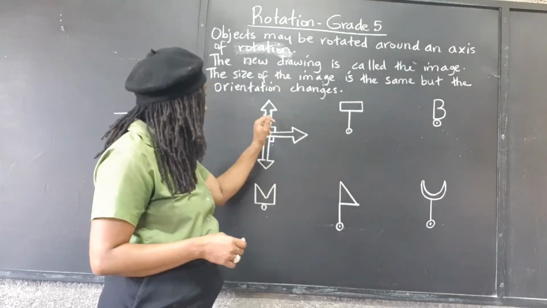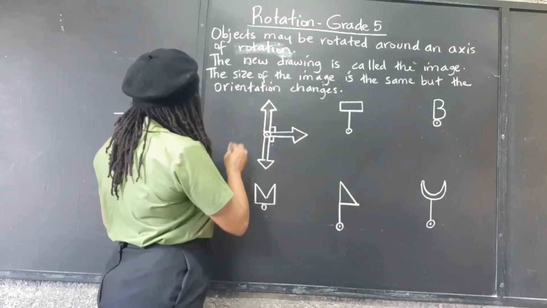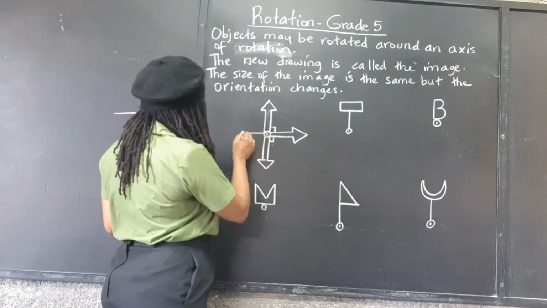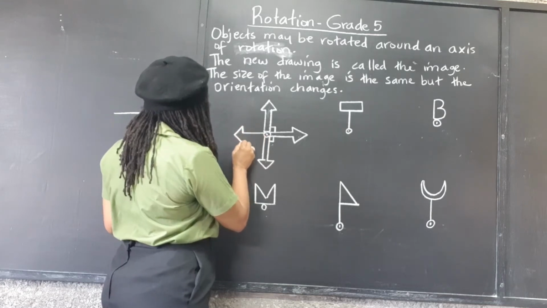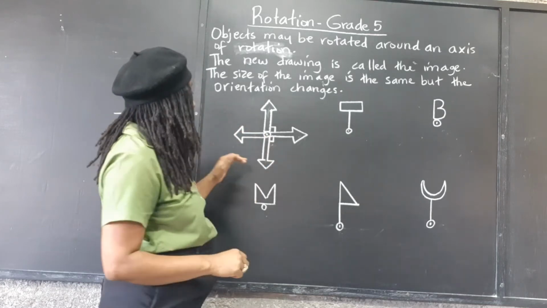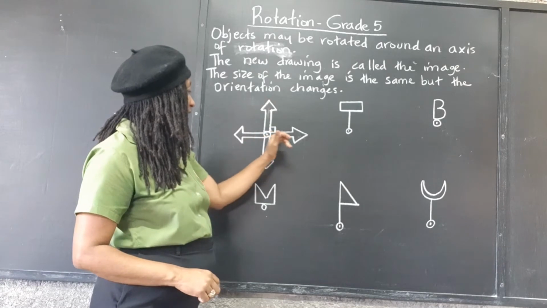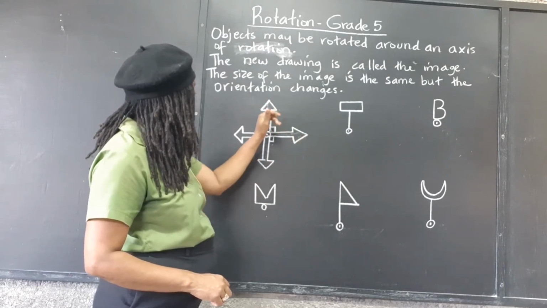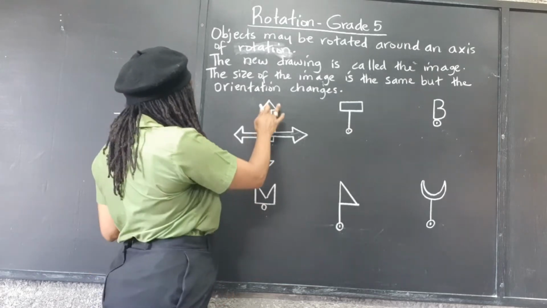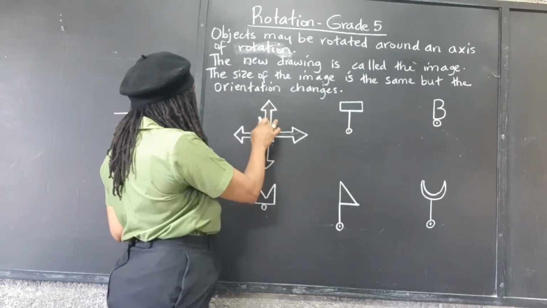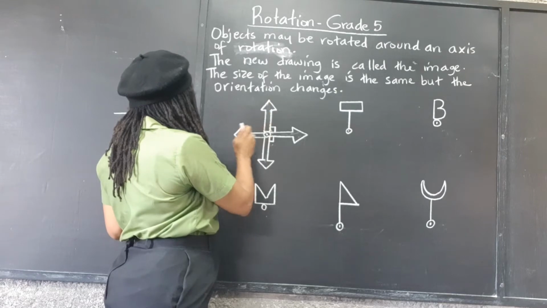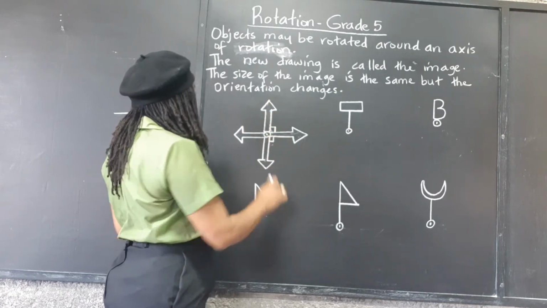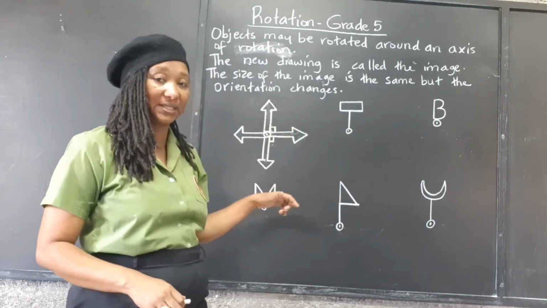And if we were to rotate this object 270 degrees, that's another 90 degrees, it would take it here. So this is a 90 degree rotation, a 180 degree rotation from the object, and this is a 270 degree rotation clockwise.